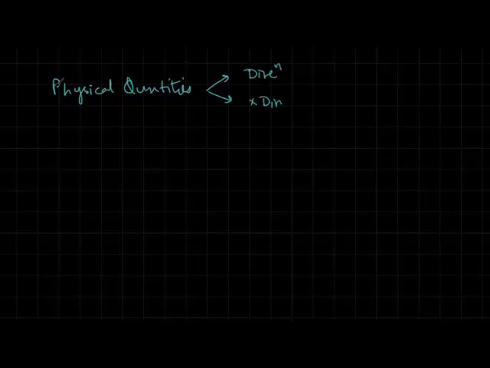Those physical quantities that need direction to define themselves completely, we call vectors. Those which do not need direction, we call scalars. Some examples of vectors are velocity and force, and examples of scalars are mass, temperature or volume.